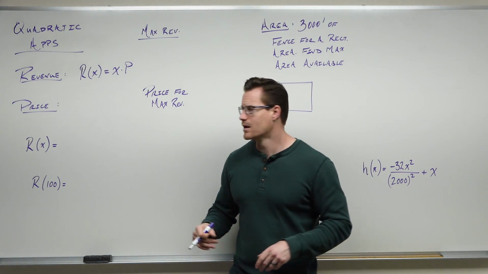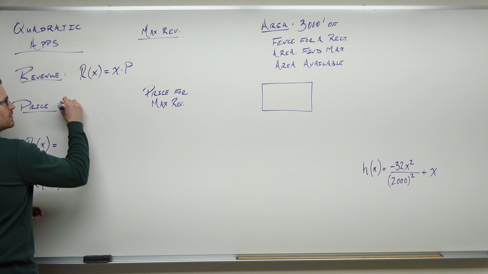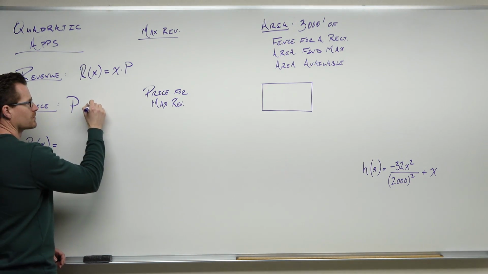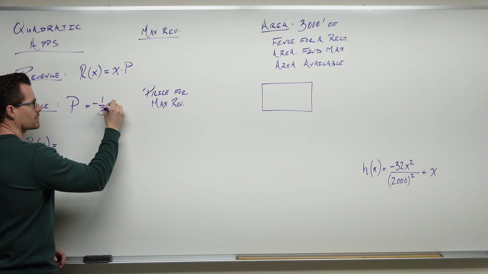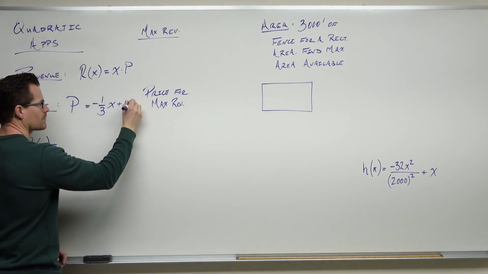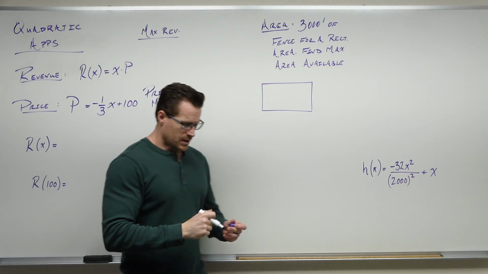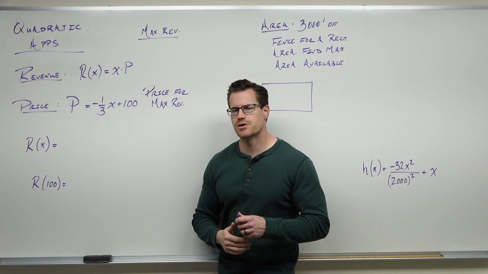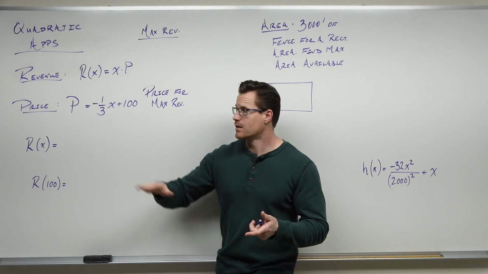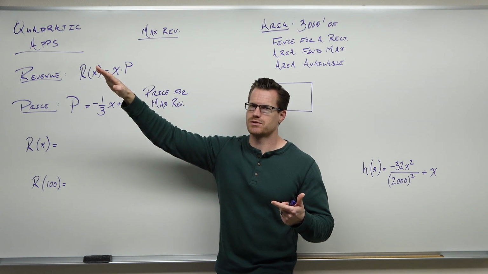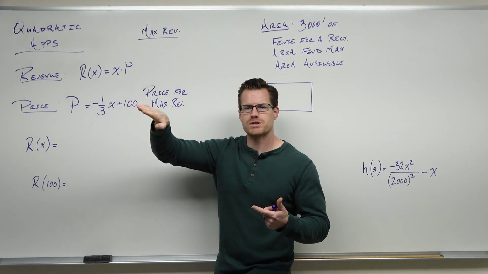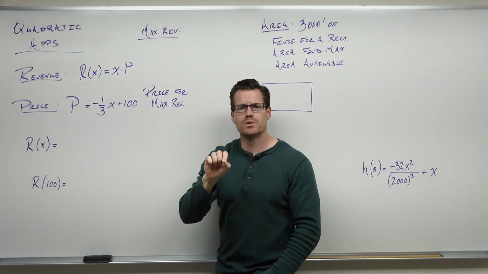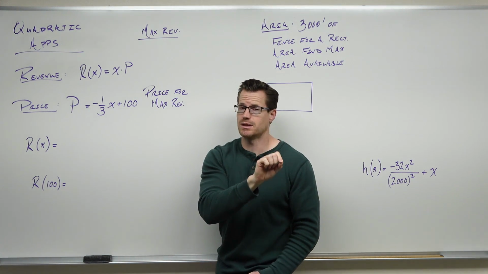So let's say that the price for our items is negative 1/3 x plus 100. So for every item we sell, did you see it? Oh man, did you see the negative slope? This is a downward sloping linear price decrease. So every item we sell lowers the price of the items just a little bit.